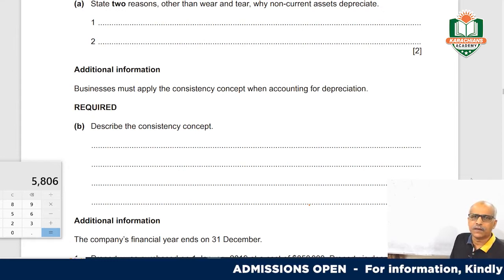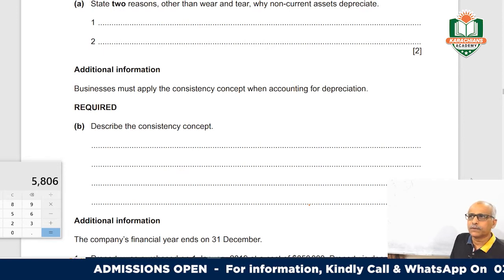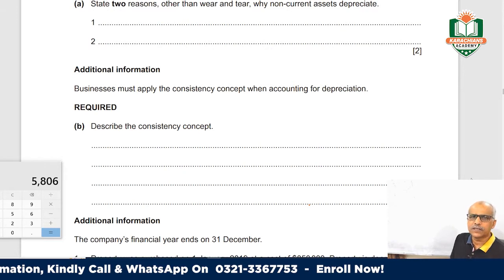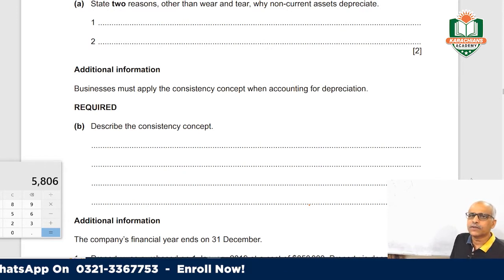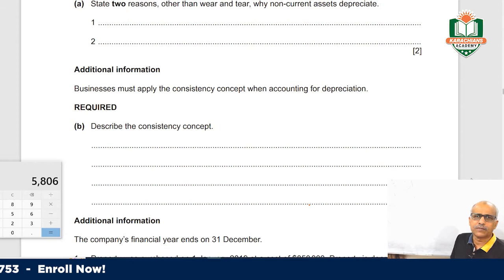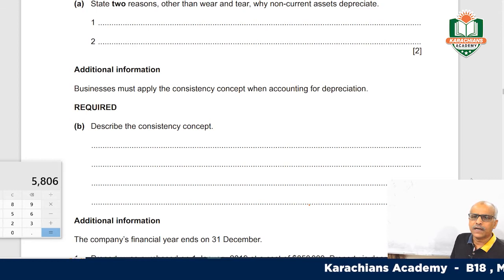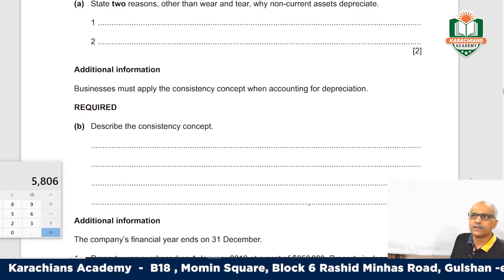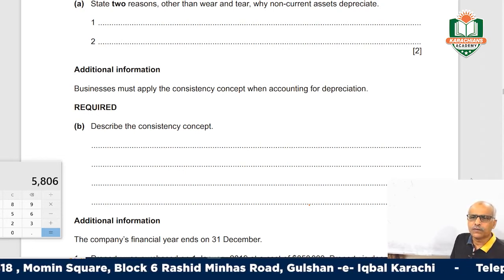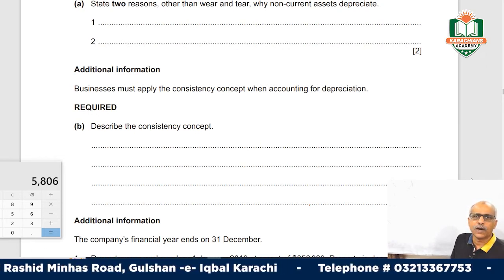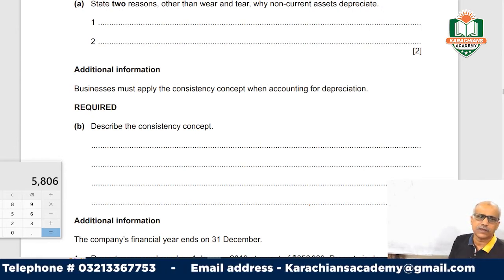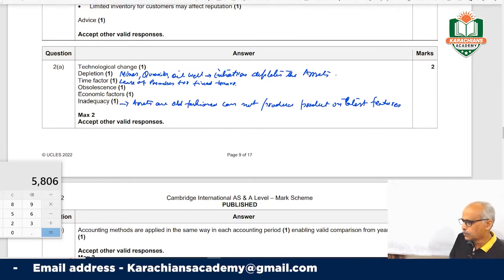Like if you are taking a depreciation policy of straight line, it will not be good that for 6 months you keep the straight line method, and for the next 6 months you change to the reducing balance method, and you keep on changing your methods. This will not be good, and you cannot prepare your accounts properly. So it is very essential that whatever policies or procedures you are adopting, you have to adopt and apply them consistently. What the marking scheme says, we will look into this.